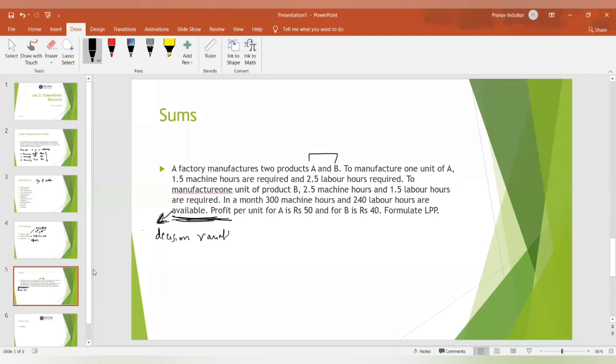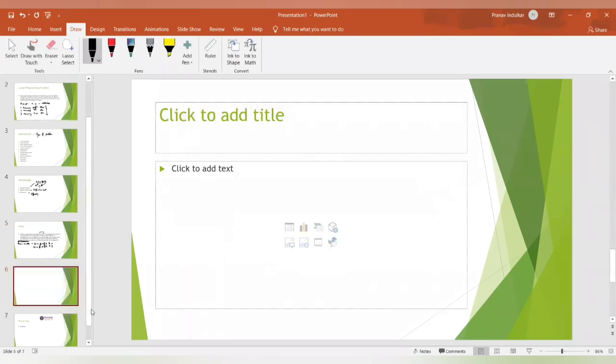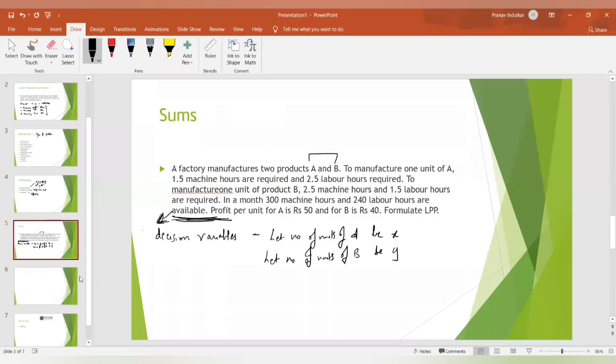Let the number of units of A be x, and let the number of units of B be y. Is that clear to you?